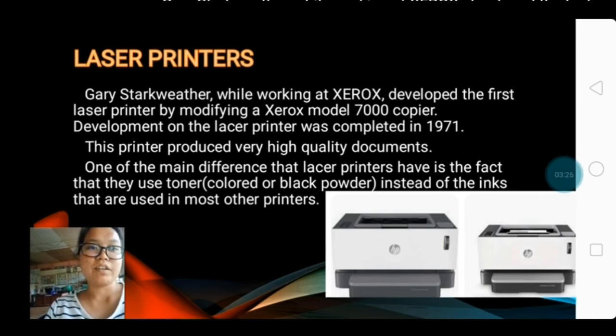Wow! Grabe, no? One of the main differences that laser printers have is the fact that they use toner, colored or black powder, instead of the inks that are used in most other printers. So inkjet printers use ink, while laser printers use toner, colored or black powder.